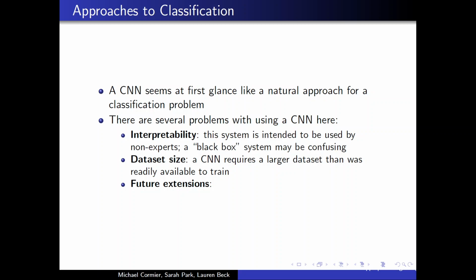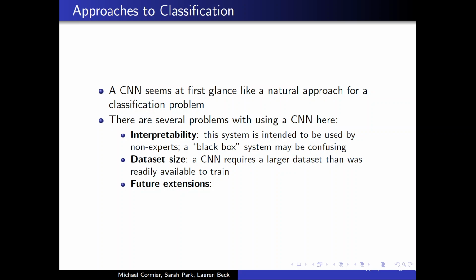Now, at first, a convolutional neural network seems like it would be a natural approach for pretty much any classification problem. However, in our case, there are several problems with using a convolutional neural network. First of all, we want our system to be interpretable. It's intended to be used by non-experts, and a black box system may be confusing.